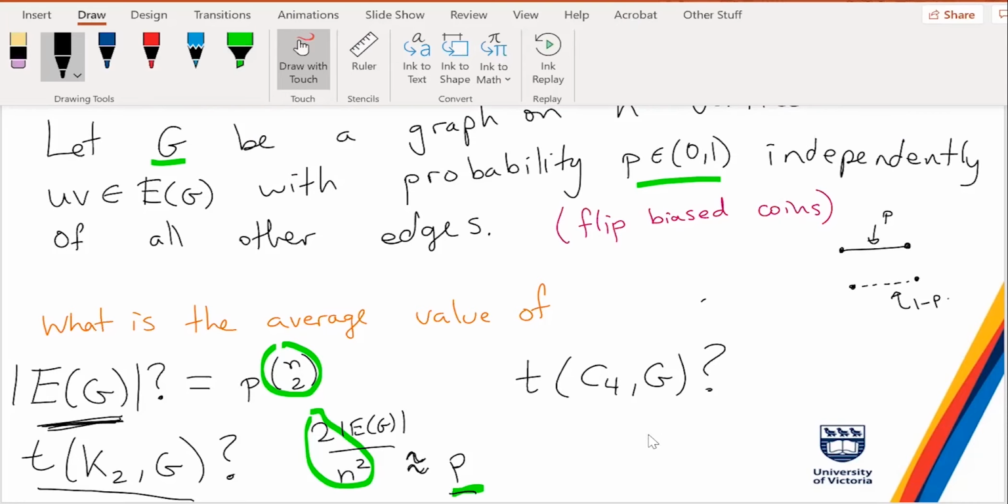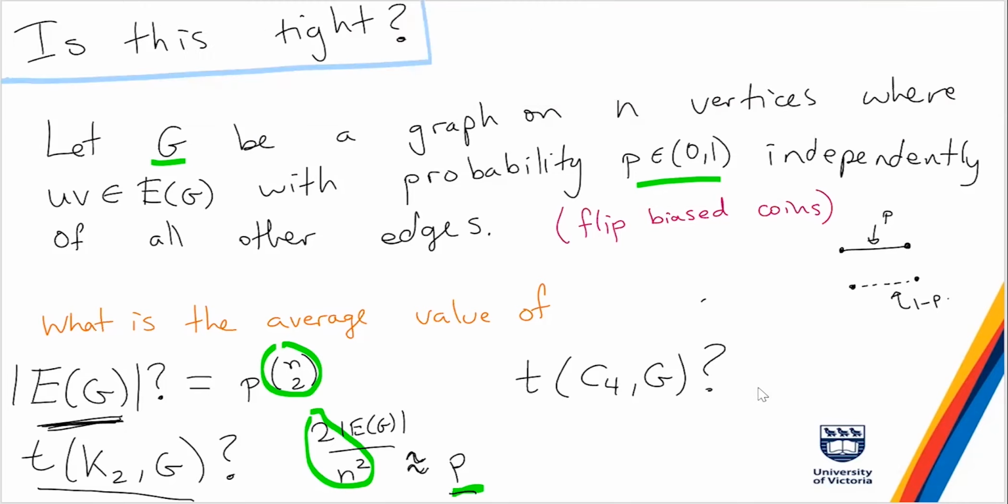For example, think of an injective function from the vertices of C4 into G. I take 1, 2, 3, 4, and I want to say what's the probability that this is a homomorphism.